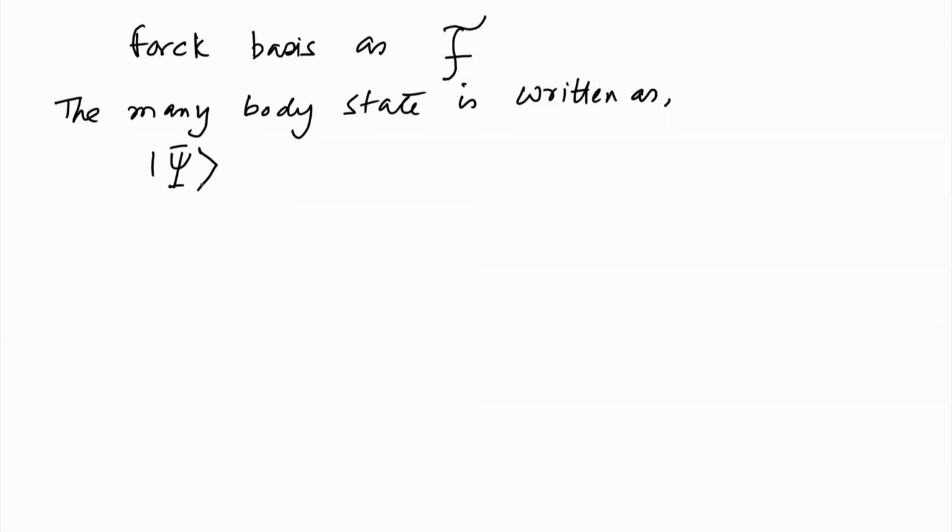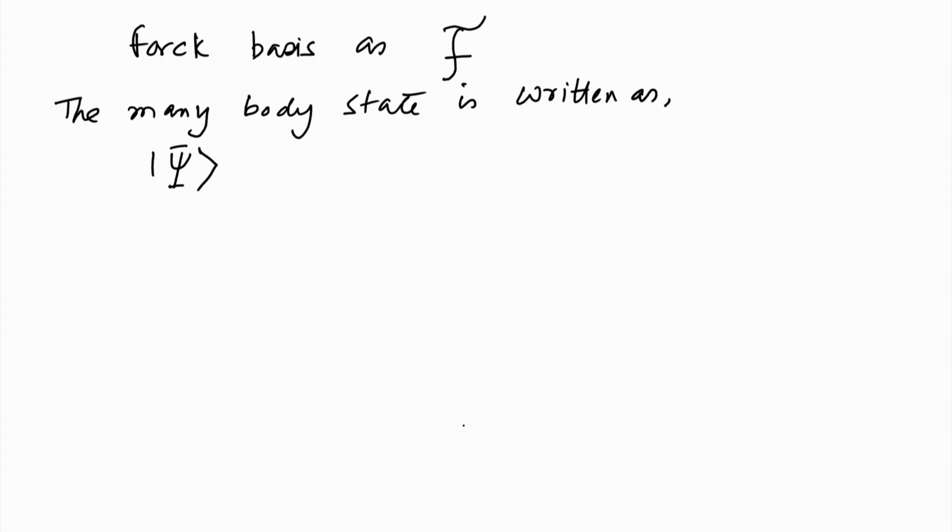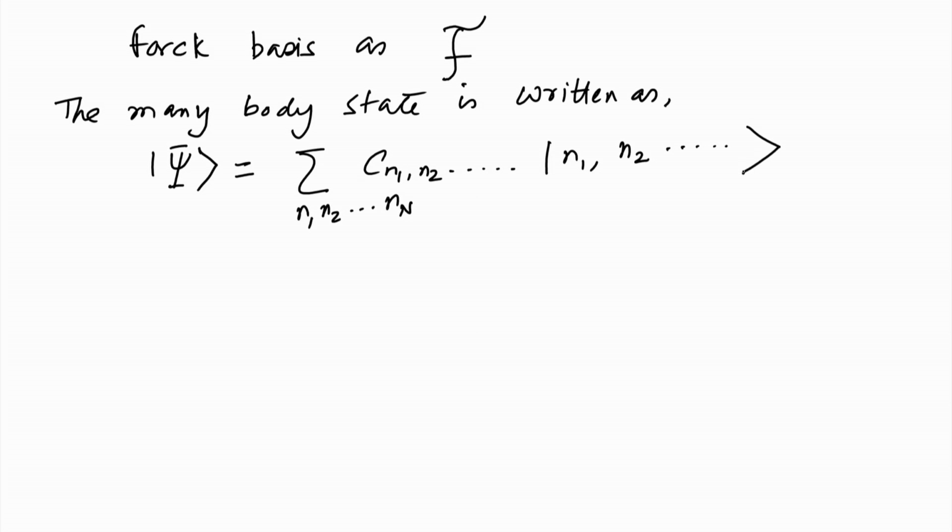I am writing it with a ket, we could have written this with a ket as well. So, this is equal to some sum of C n1, n2 and so on, times the ket n1, n2 and so on.